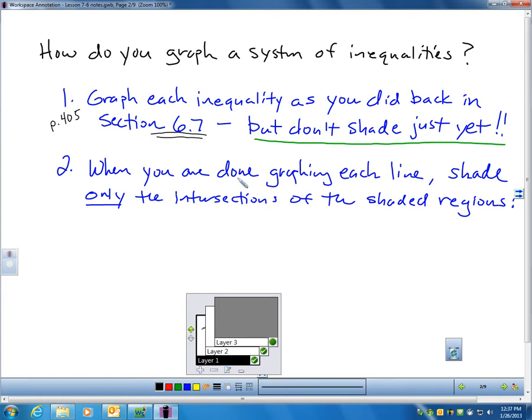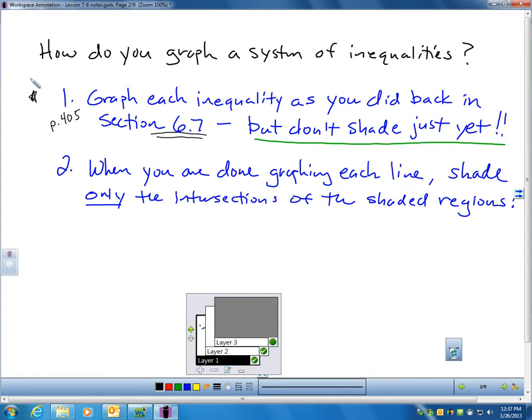If you do not know how to graph a linear inequality in two variables, you might want to take the time today to rewatch this video on section 6-7. So if you're new to the class second semester and you don't remember that, I would highly encourage you to take the 10-15 minutes it takes to watch this, because it's not super hard. It's a process. It's an easy process, but you have to know how to do it.